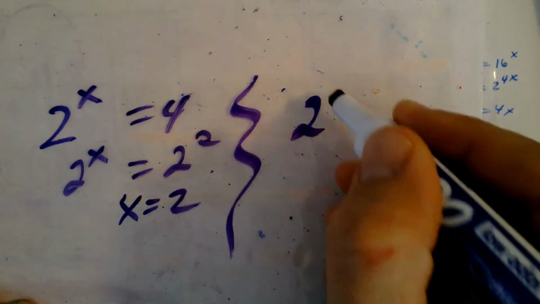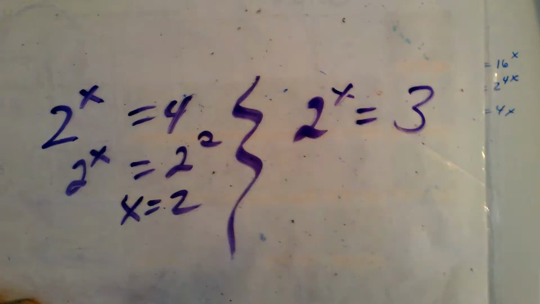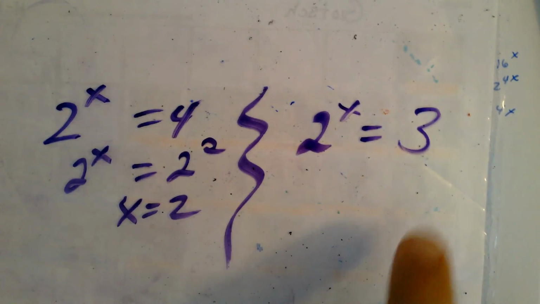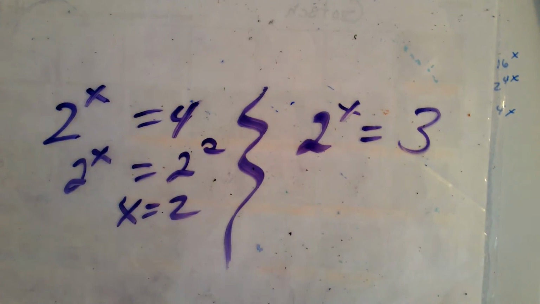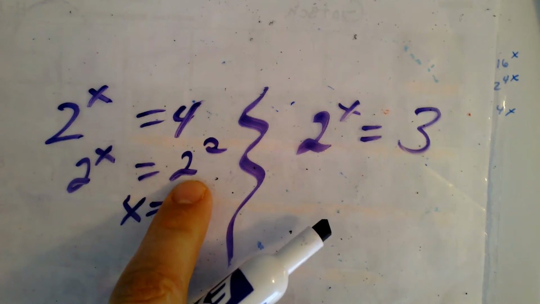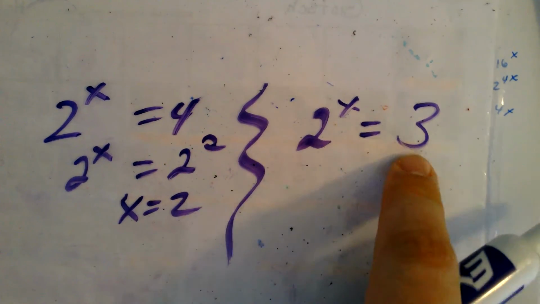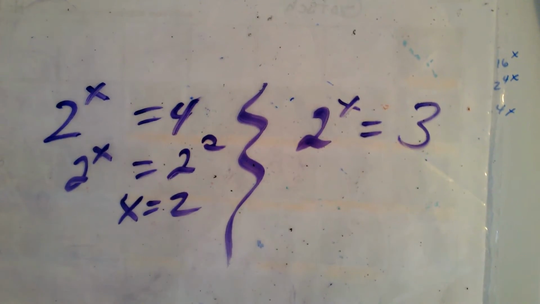Well, now what do you do when you have 2 to the x equals 3? We can't solve this using the change of base idea. We can't change 3 to have a base of 2. It doesn't work like that.